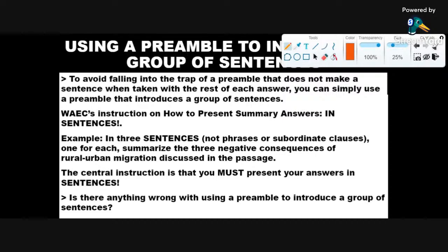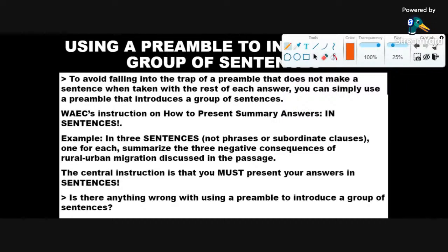The question says in 3 sentences, one for each, summarize the 3 negative consequences of rural-urban migration discussed in the passage. And the preamble is saying the 3 negative consequences of rural-urban migration discussed in the passage are simply, here are the answers to your question. That's what a preamble does. It's an opening statement explaining what follows.